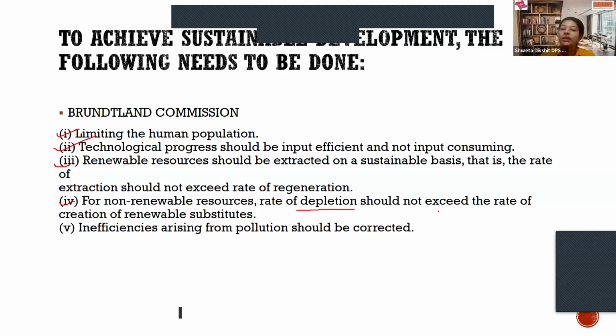It should not exceed the rate of renewal. And if it is exceeding, then we need to immediately replace it with renewable substitutes.